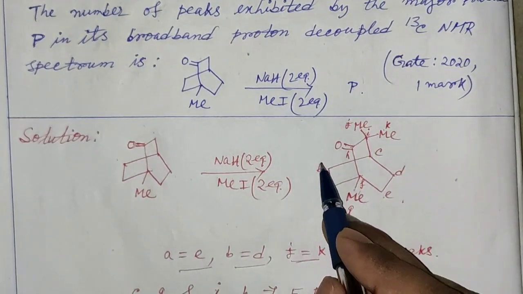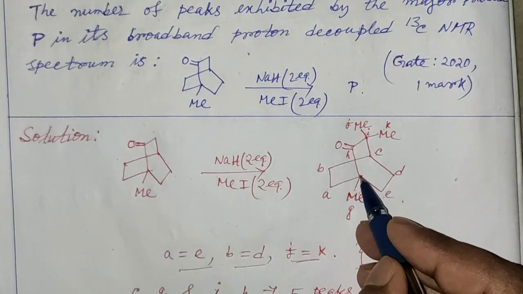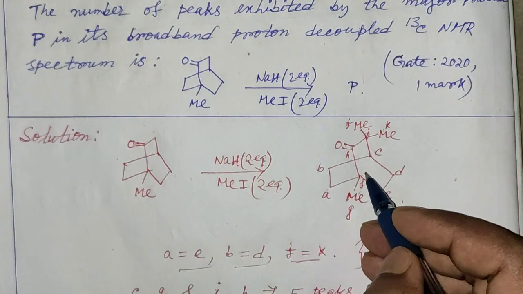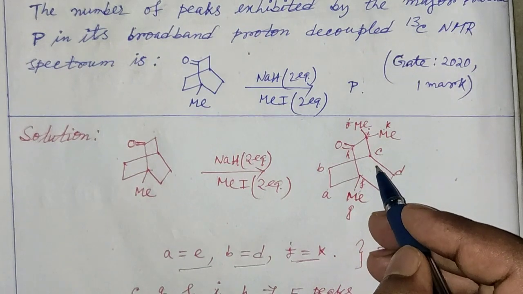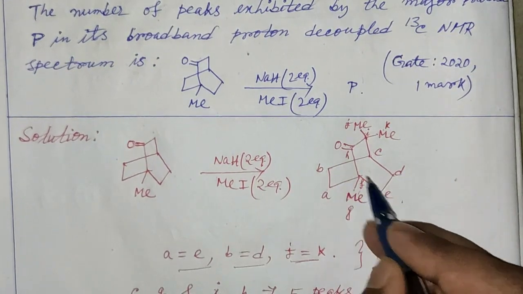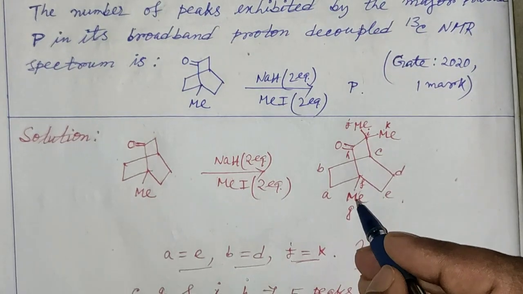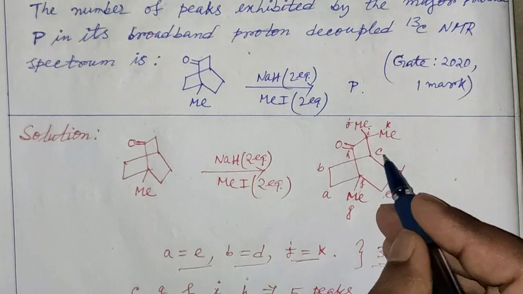So these three carbon atoms will give three peaks. These carbon atoms appear in a different chemical environment, so they will give different peaks. So for these three carbon atoms there will be three peaks, and then 1, 2, 3, 4 and 5.